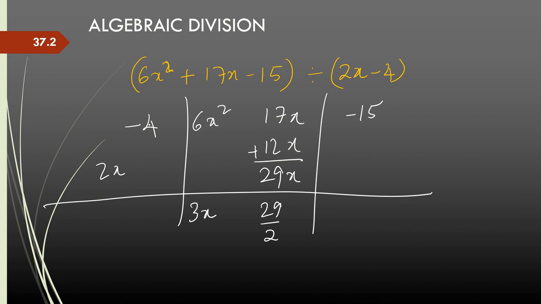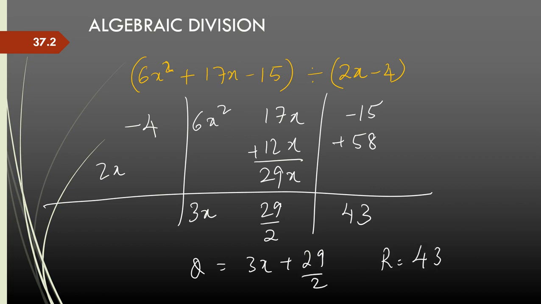And the adjustment will be minus 4 into 29 by 2, that is plus 58. So this becomes 43. So the quotient of the division is 3x plus 29 by 2 and the remainder is 43. That is the result of the algebraic division.